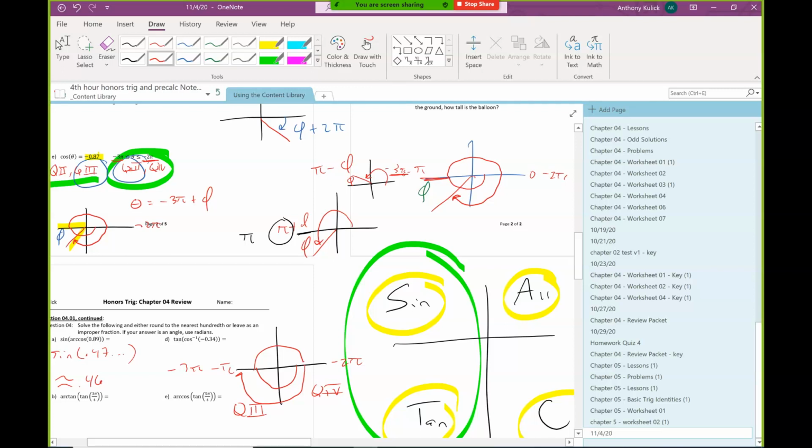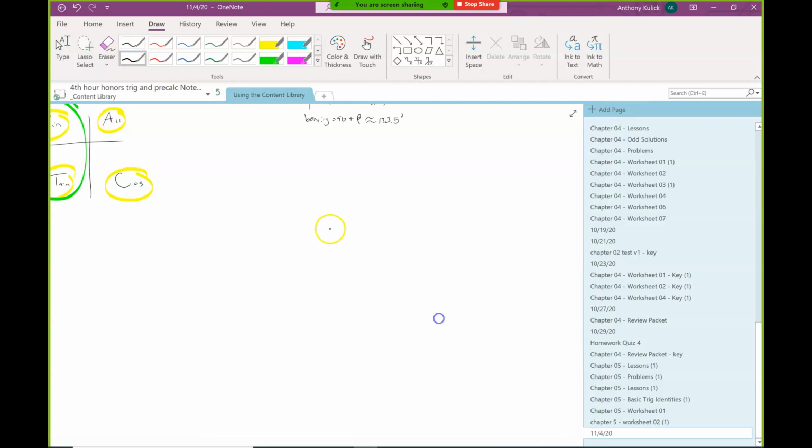So if I have a positive angle, so the range of angles I want, or that the answer is between, are positive, I'm going this way. If the axis I crossed most recently was not the x-axis, here I'm going to be subtracting. If I was, say, here, and the axis I most recently crossed was the x-axis, there I'm going to add. If I have a negative angle, everything is just reversed.